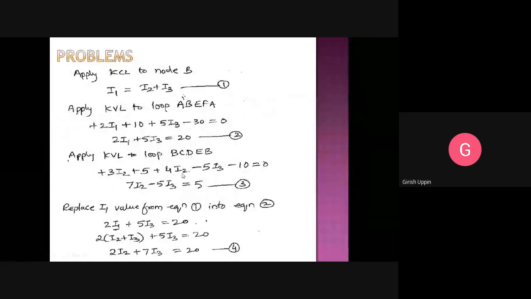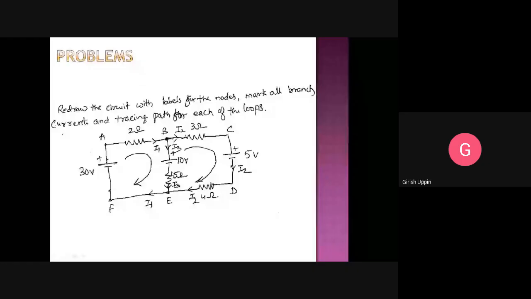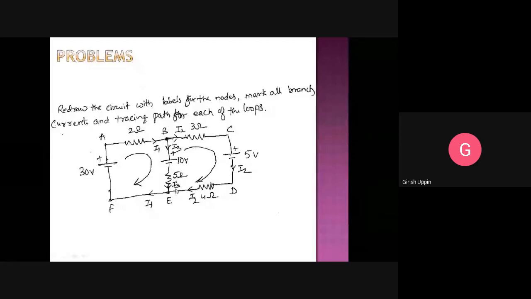Next, you will continue like this. Now you can see the direction of the tracing and the direction of the current are opposite. What is the current flowing in this branch? I3. So this voltage drop is going to be a negative voltage drop. What is the voltage drop? Minus 5 into I3. That you are going to write. Minus 5I3.